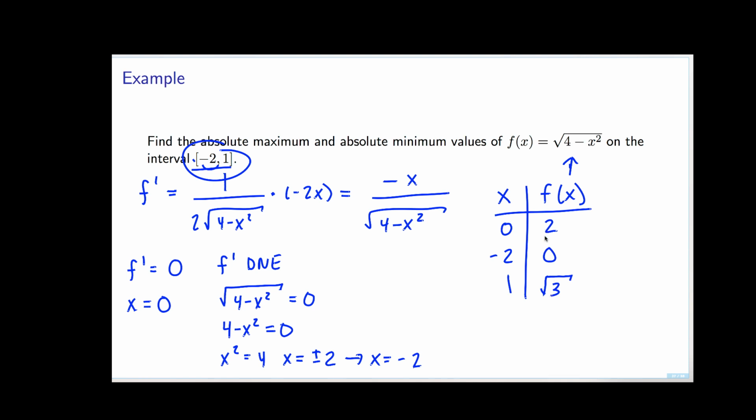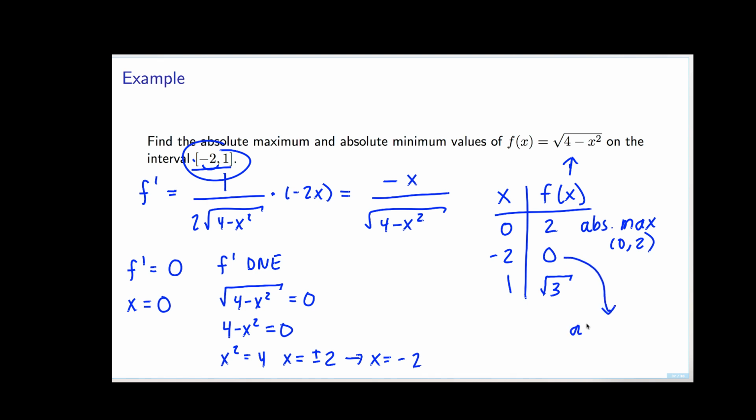We know that 2 is bigger than the square root of 3, because root 3 squared is 3, whereas 2 squared is 4. So 2 is bigger than the square root of 3, which means our absolute max is when x is 0, so at the point 0, 2, and 0 is our smallest value, which means that our absolute min is at the point negative 2, 0.